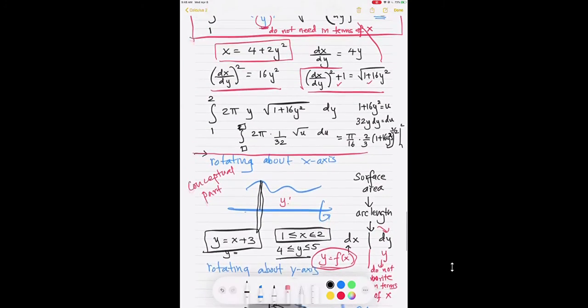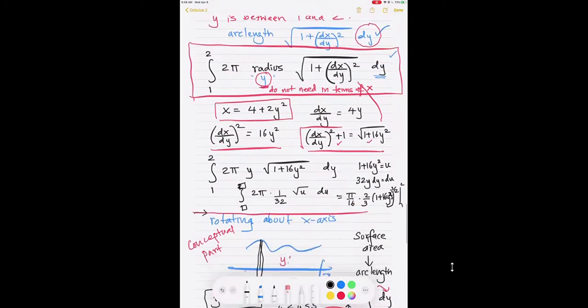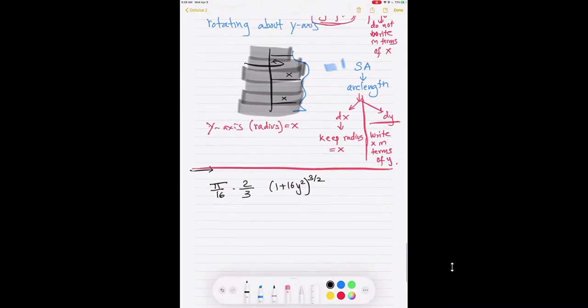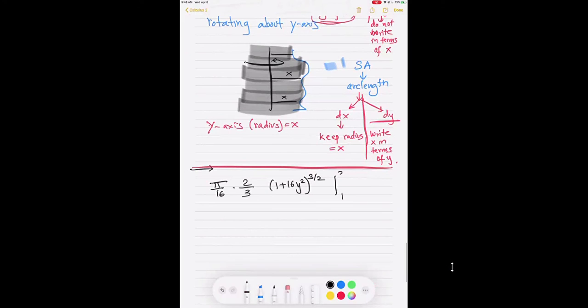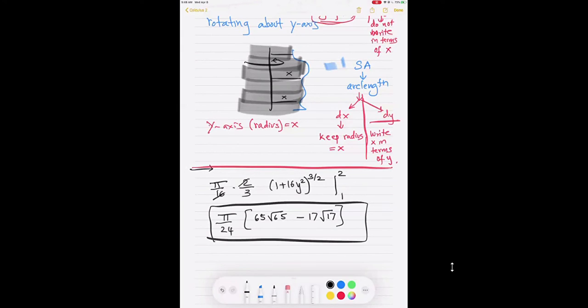And y was from 1 to 2. And so we have what? Pi over 24. I'm going to use my own trick, so 65 root 65, minus 17 root 17. And any question?